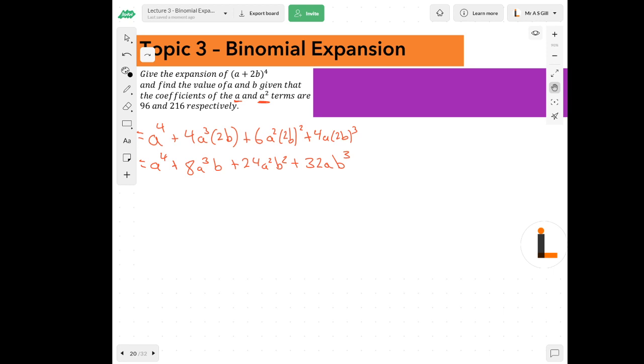And the only terms we're interested in are the a squared term and the a term. The question says the coefficient of a is 96. So we know that 32b cubed must equal 96.